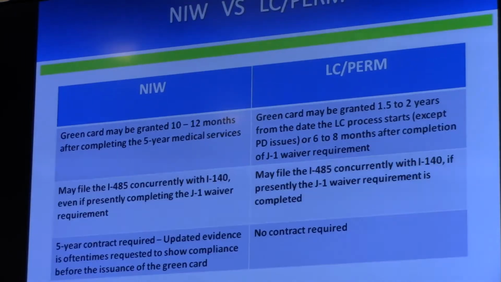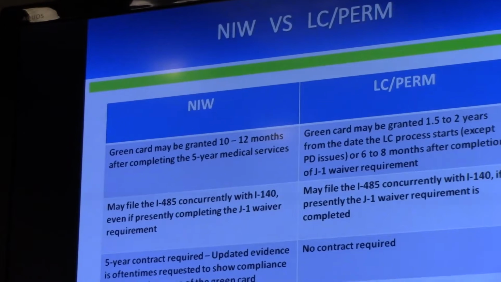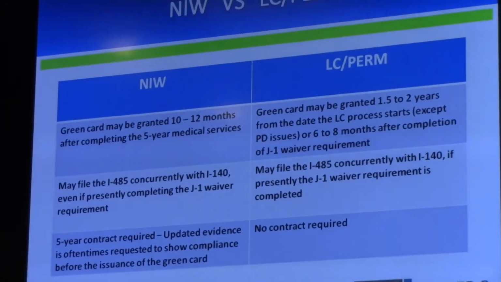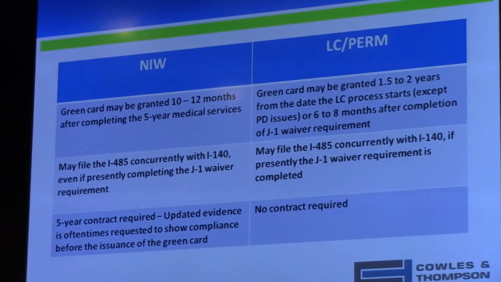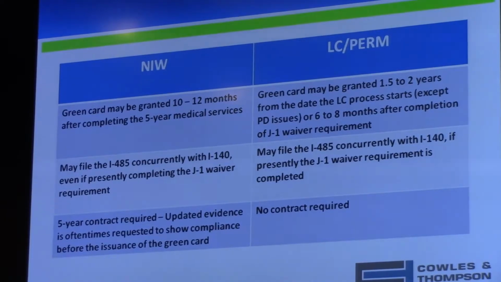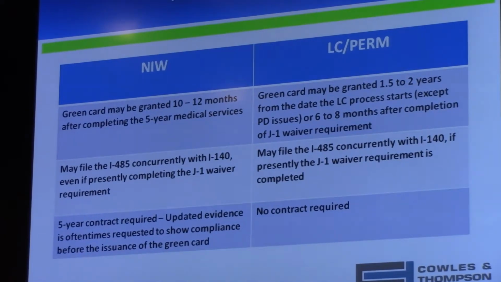One more difference, or a couple more differences between the NIW and the labor certification or PERM, is that in NIW, the green card may be granted 10 to 12 months after completing the 5 years of service. In many cases, we're not going to talk about physicians from India, China, and a couple other countries because those specific physicians take longer.